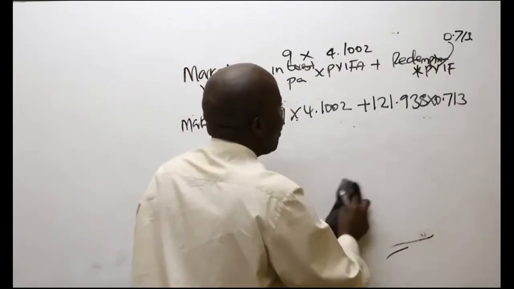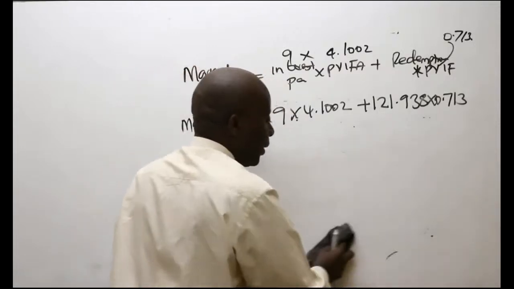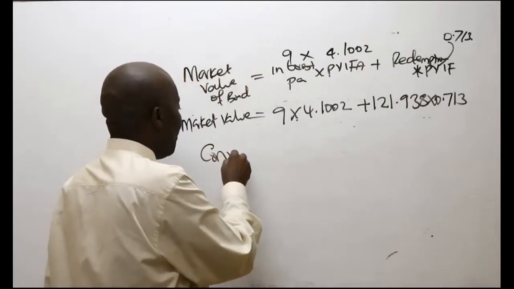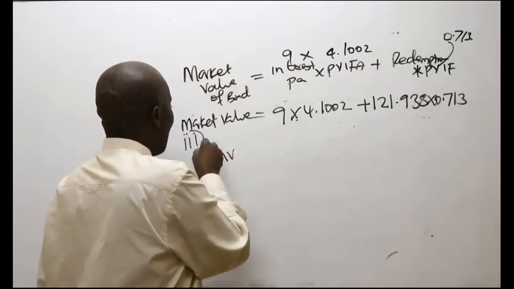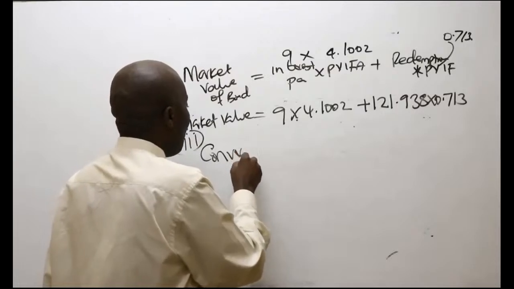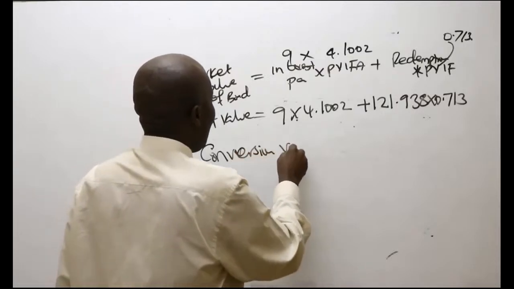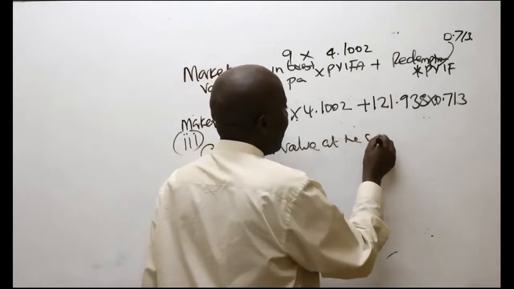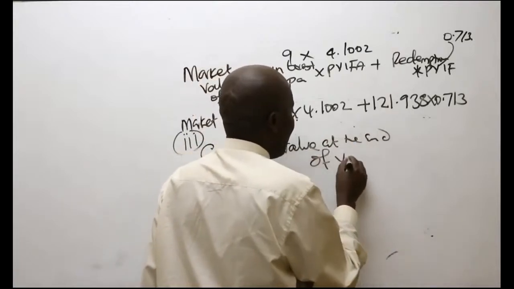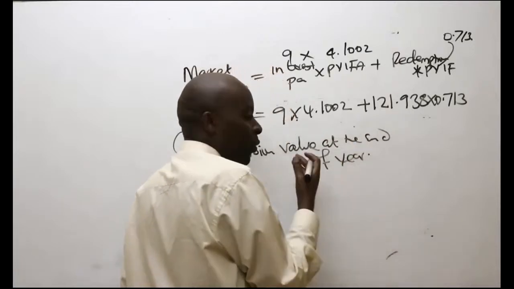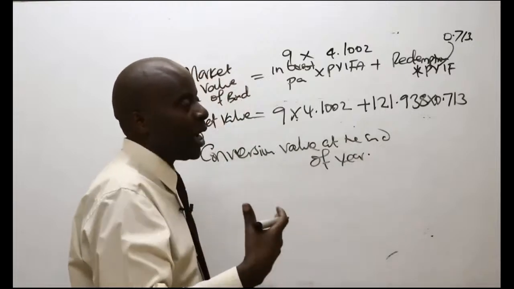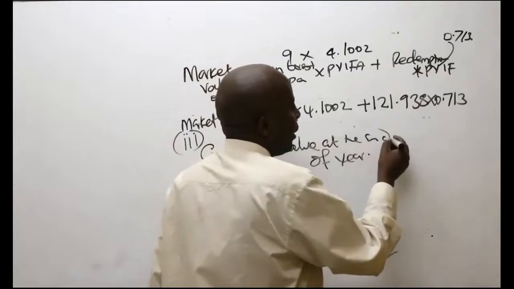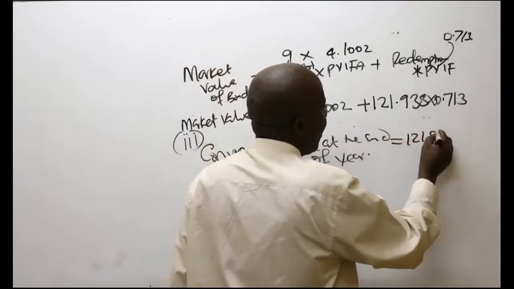Why? Because we have our conversion value, Roman 3, at the end of year 5. The one that you took the current value, you had it growing, and then times 20, which gave us 121.938.